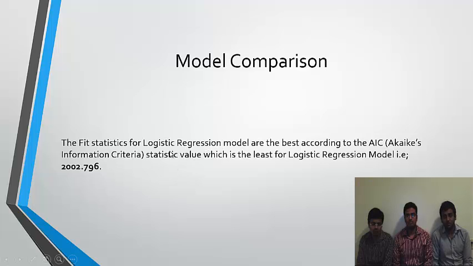So in our project, we came to know that the logistic regression model has the least AIC value, of 2.796. Though we added so many variables in our project, we use around 34 predictor variables and one target variable. We came to know that the logistic regression model has the least AIC value compared to decision tree and neural network. From this statistic, we can say that our logistic regression model is the best that we developed for PBA.